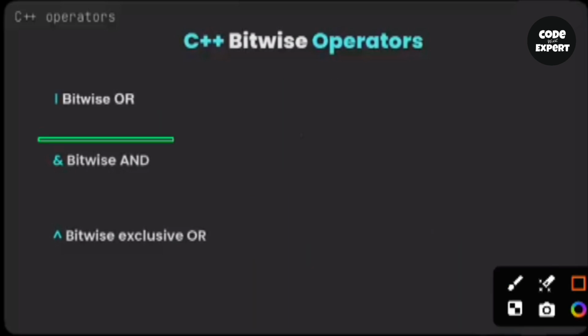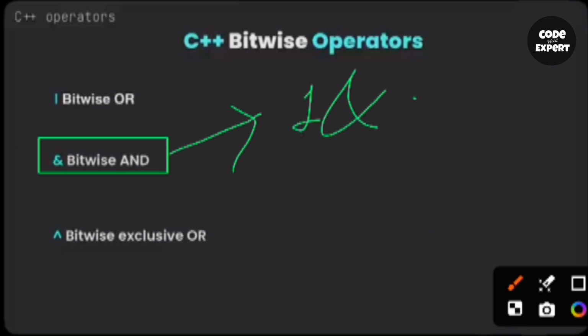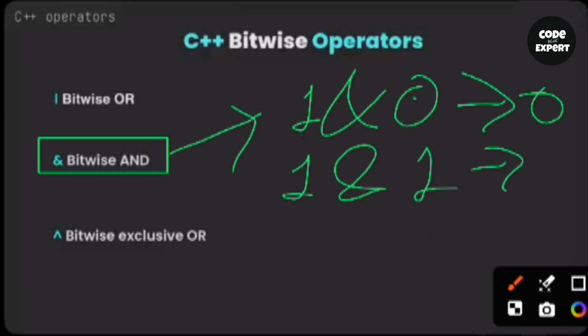Now let us see bitwise AND. Here the same concept applies, that if one of the statements is false, our C++ will execute with false. If both are true, then only it will give 1.